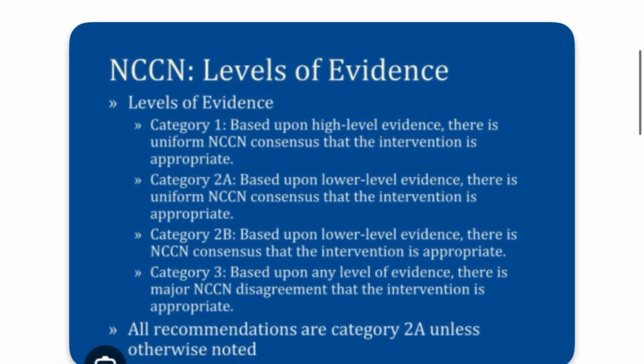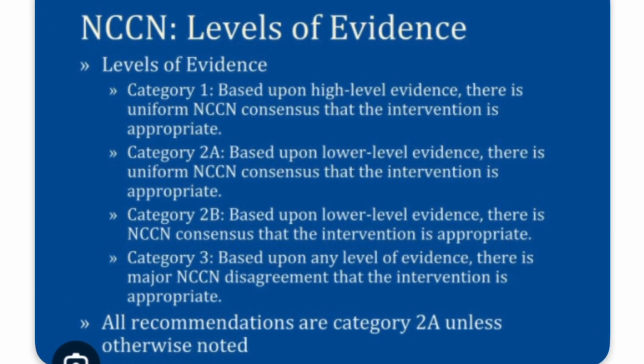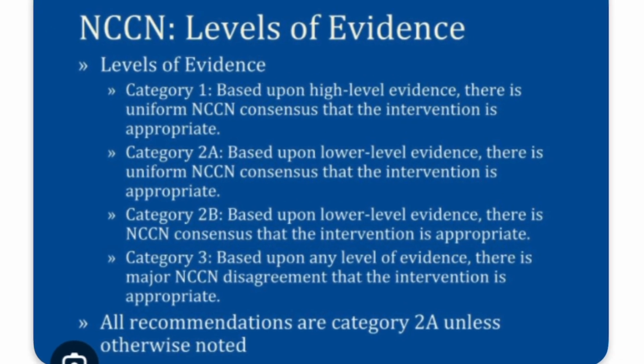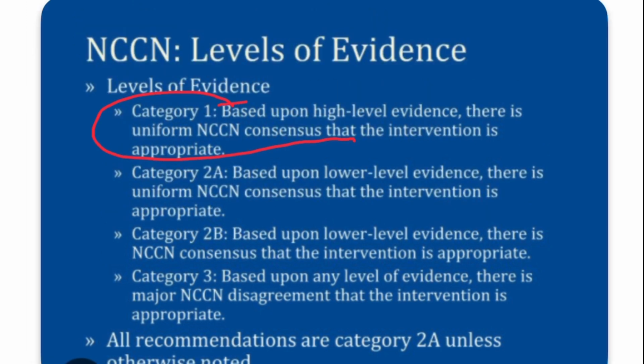Now, NCCN has a separate set of levels of evidence. If we go through the NCCN guideline, you will find category 1, category 2A, category 2B and category 3, based on levels of evidence, and all the NCCN panels have come to a consensus that this particular modality is to be adopted.